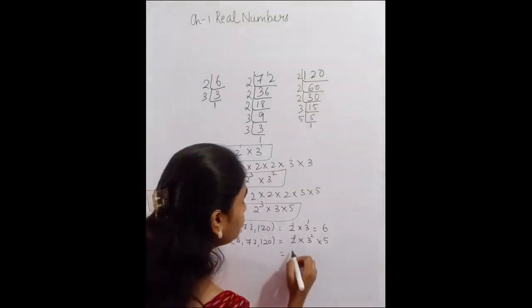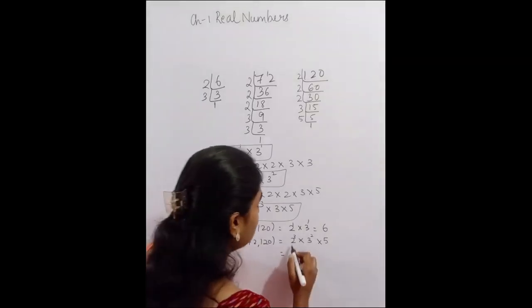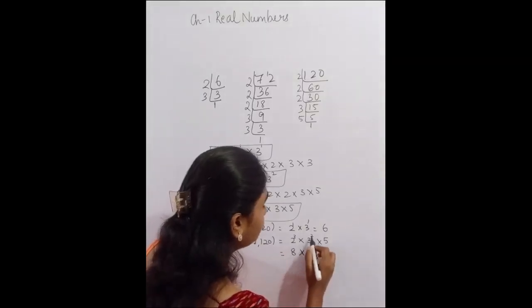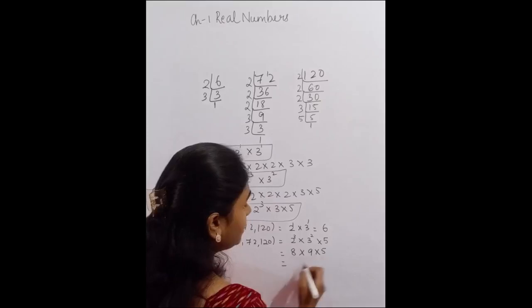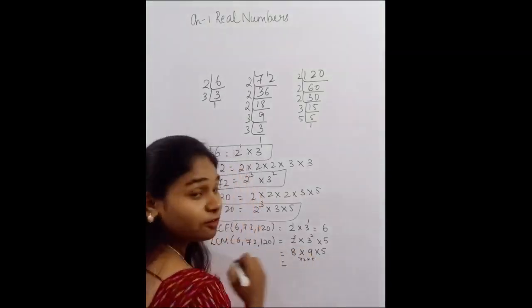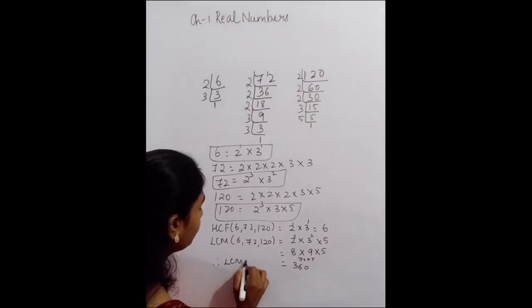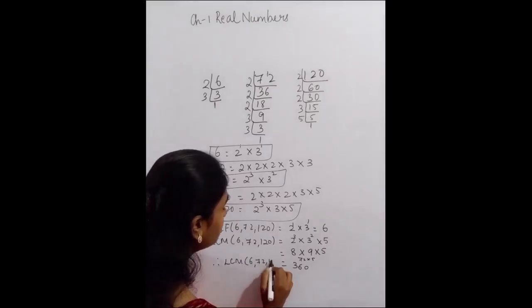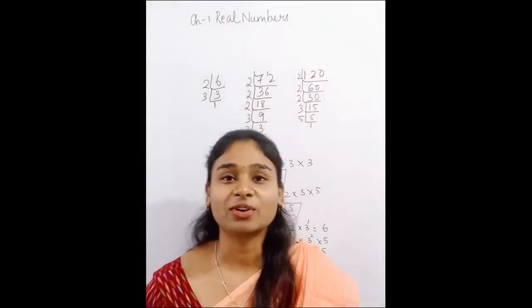Now 2 cube means 2 into 2 into 2, which is 8. 8 into 3 square, which is 9, into 5. 8 9s are 72. 72 into 5 is 360. So therefore LCM of 6, 72, 120 is equal to 360. That's all about example number 4.